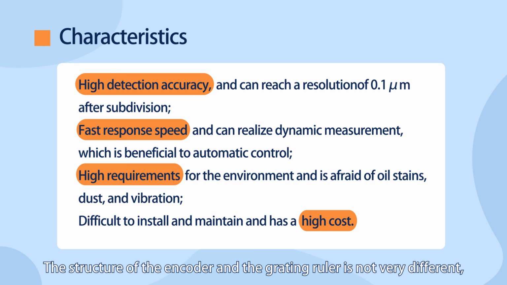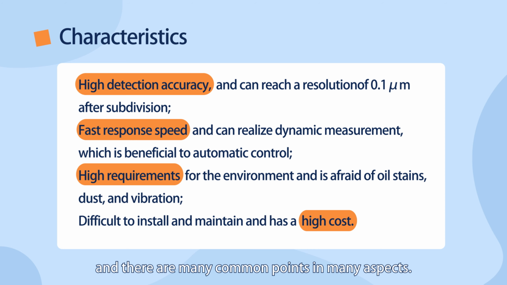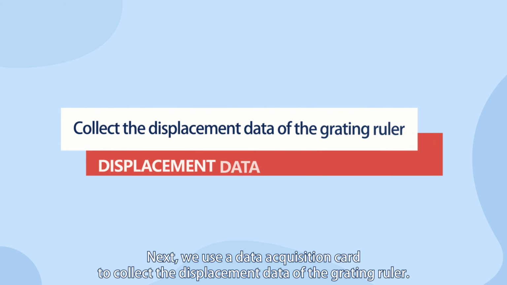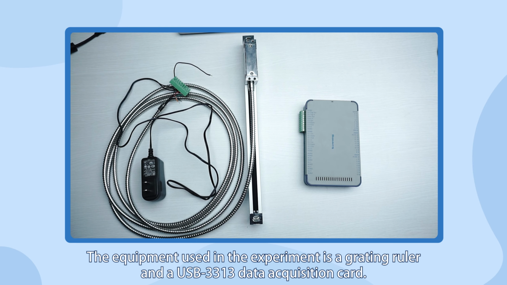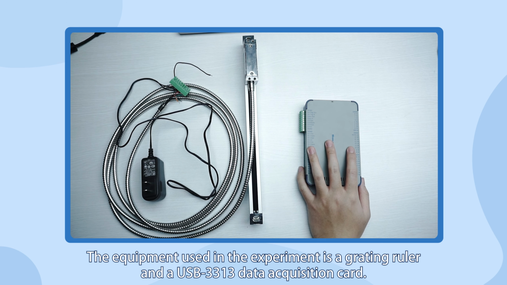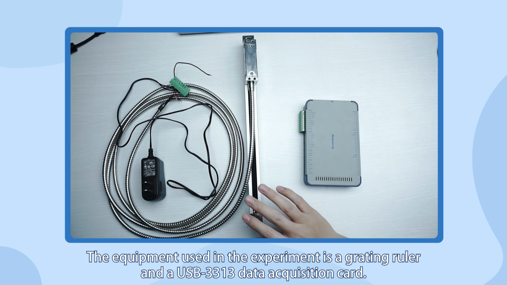The structure of the encoder and the grating ruler is not very different, and there are many common points in many aspects. Next, we use a data acquisition card to collect the displacement data of the grating ruler. The equipment used in the experiment is a grating ruler and a USB 3313 data acquisition card.